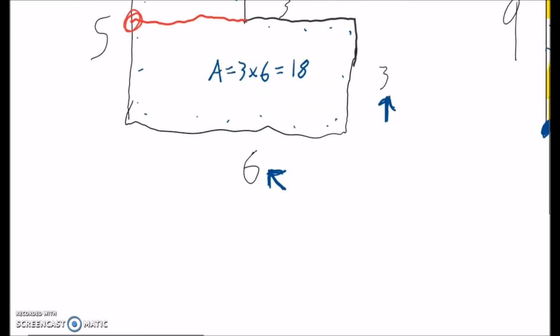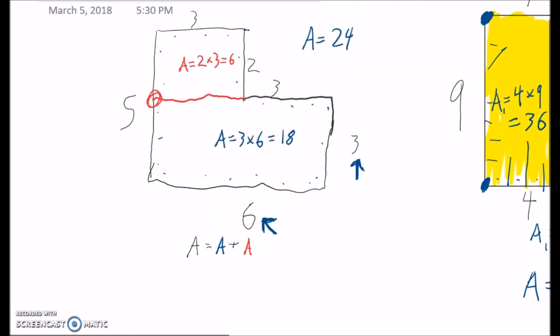So our total area is blue area plus red area, right? So let's zoom out so you can try to see both parts of that. Blue area, let's write that in. What did we get?